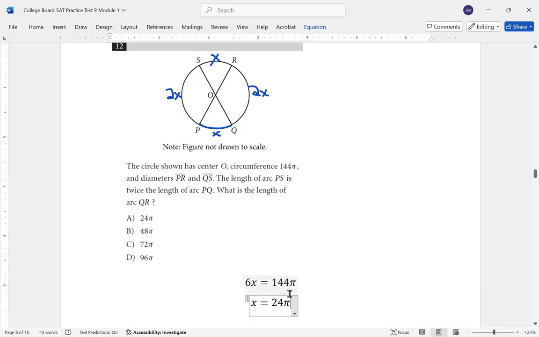Now be careful here because we're not asked to find just X. We're asked to find the length of Q to R. Q to R is not X, but rather 2X. So because QR is 2X, we're going to have to multiply that number by 2.